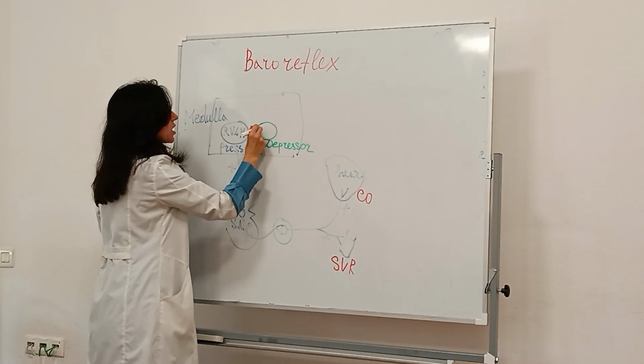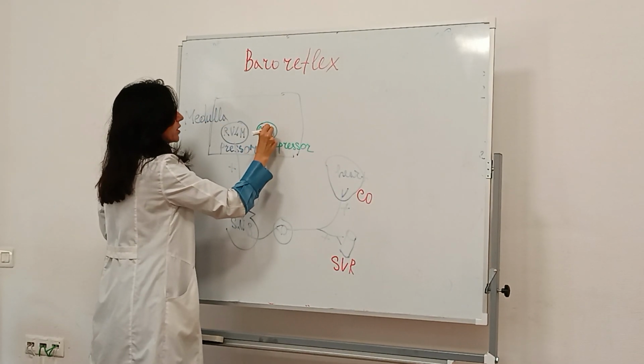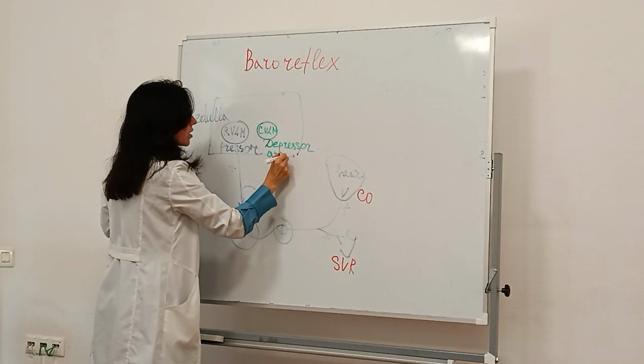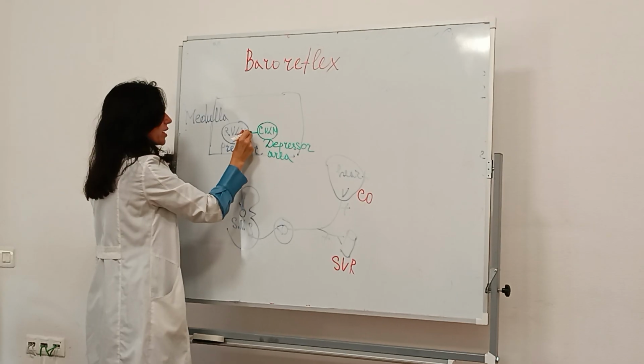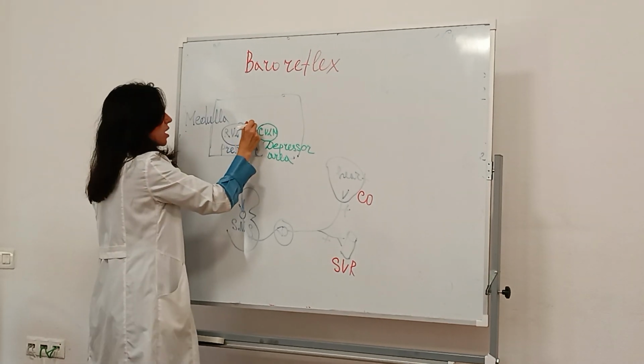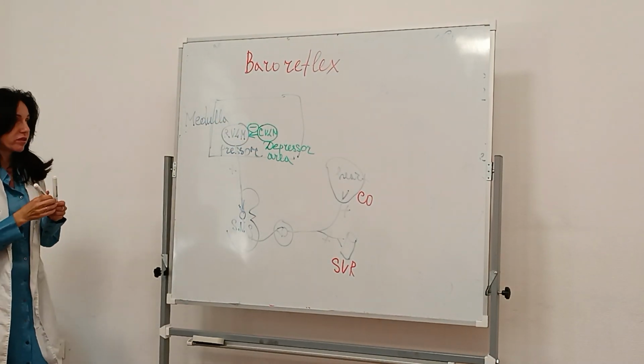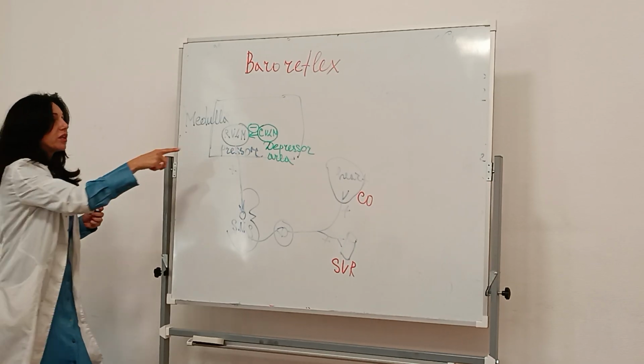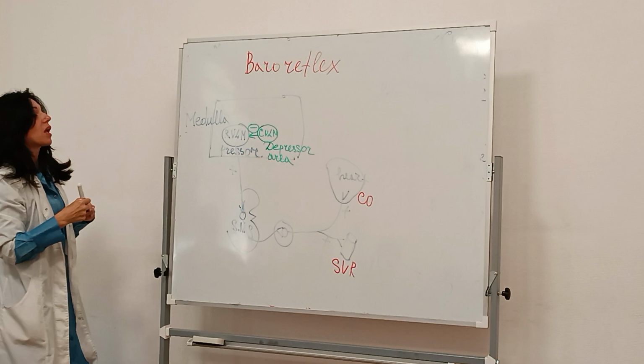In medical science it is called the caudal ventral lateral medulla. The depressor area inhibits the activity of the pressor area by inhibitory neurons. It's negative feedback, negative control, inhibitory control.